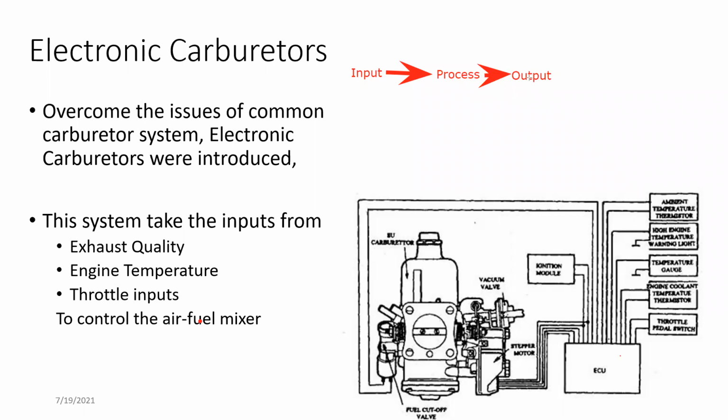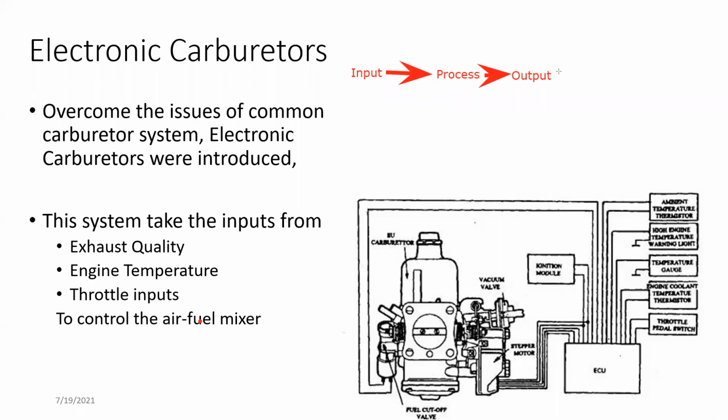Same thing for a car. You provide fuel, then you combust it, then you get power and emission. Power goes somewhere else, and we don't know whether our output is correct, whether this is the optimum output we can get.